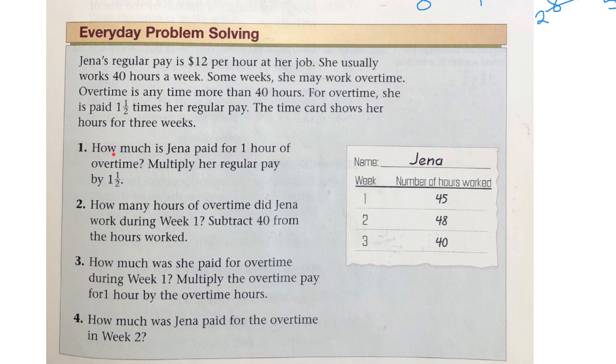So 1. How much is Jenna paid for 1 hour of overtime? Multiply her regular pay by 1.5. So her regular pay is $12 per hour. So that's what we're multiplying by 1.5.